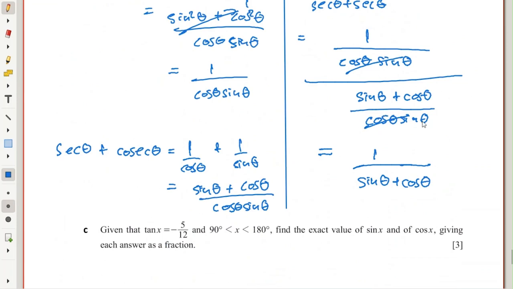Why did I cross this and this out? Because it's dividing. And so if you find the reciprocal it becomes times, this one will cancel this. This becomes the denominator. This one becomes the numerator. They'll cancel out.